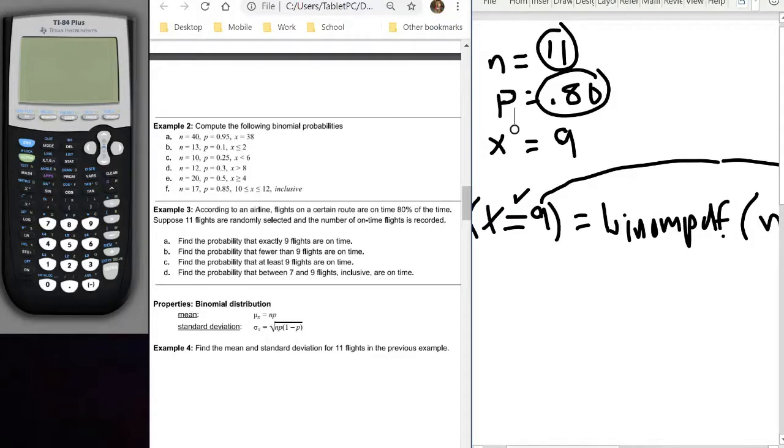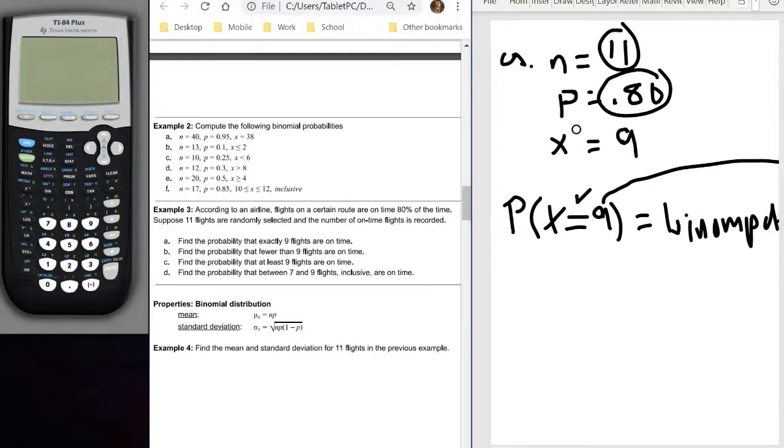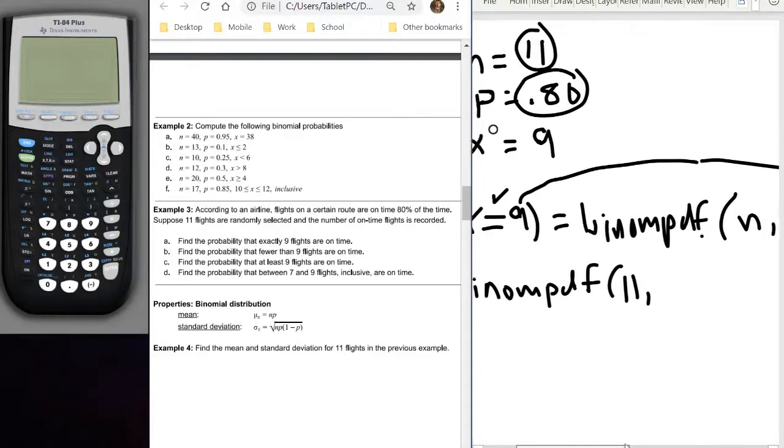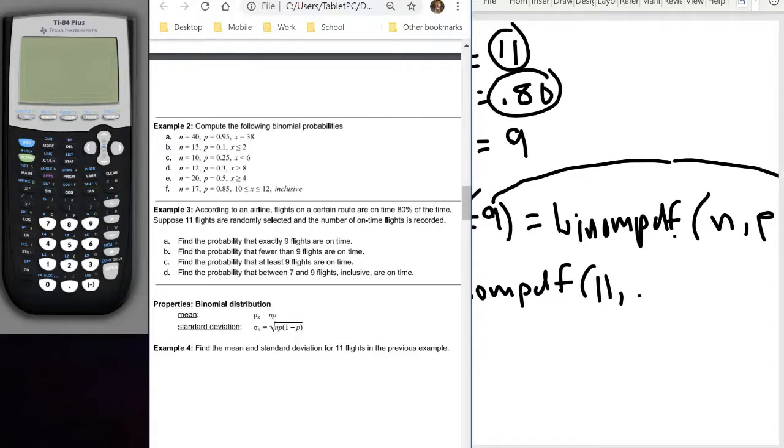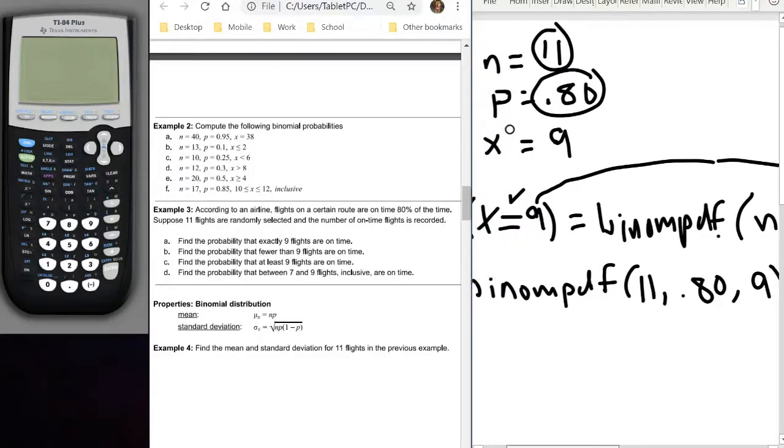So in the calculator, what we'll do is binom PDF, 11, comma, 0.80, comma, and then we have 9. This will answer the question, the probability of exactly 9 flights that are on time.